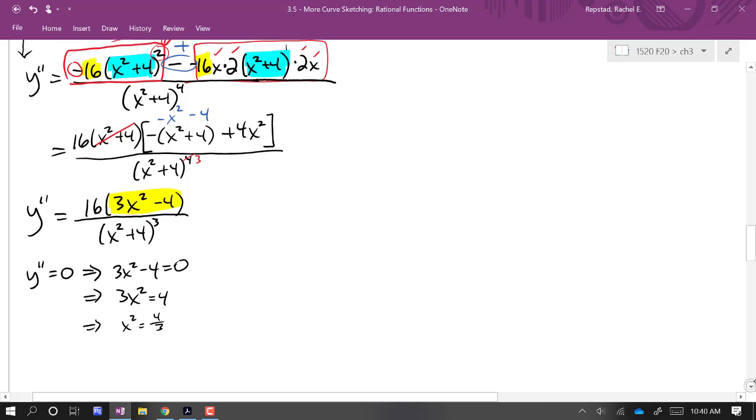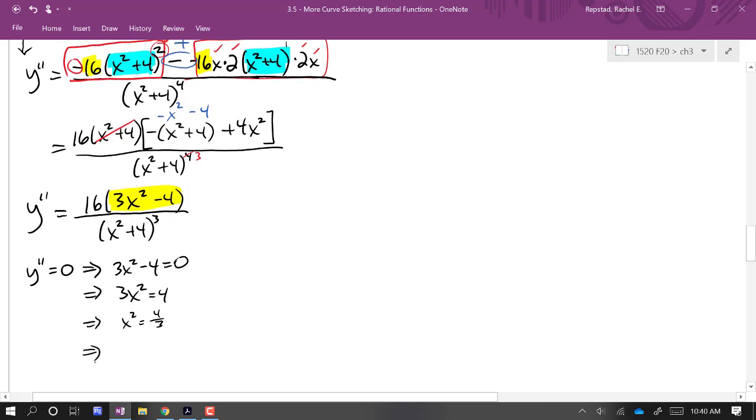Taking the square root, I need to consider both positive and negative roots here. x is plus or minus 2 over root 3. So there it is as an exact value. But if you throw this in the calculator, I'm going to approximate because we're doing this so that we can plot some points, and I don't have a good sense of where 2 over root 3 is. If I plug it in the calculator, I get about 1.15, and that'll be useful to us.